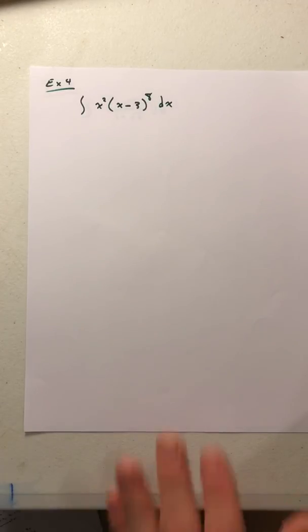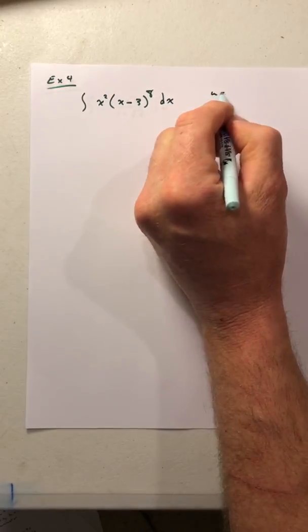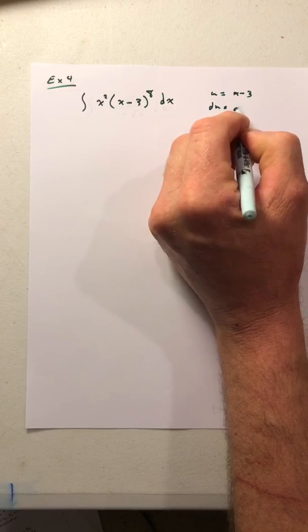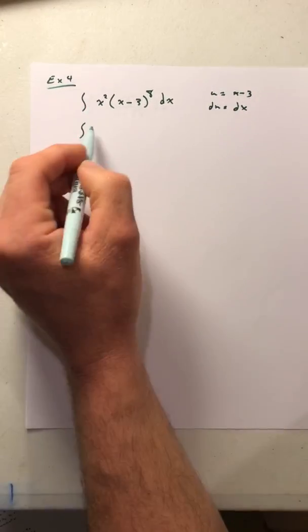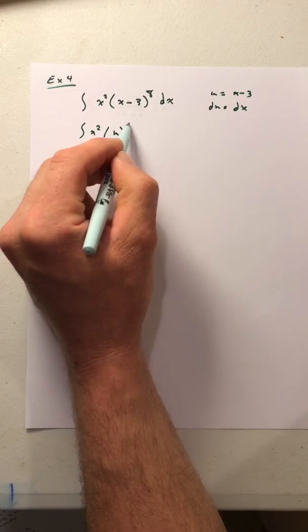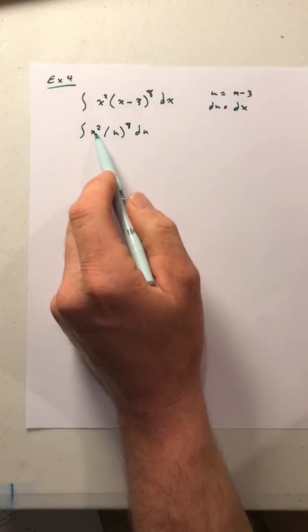All right. Shall we get a little more ugly? I'll say that for example 5. This one, again, not too miserable. We're going to let u equal x minus 3, du equals dx. I'm coming back to my integration. I have an x squared times u to the 8th du. We got an x squared now.